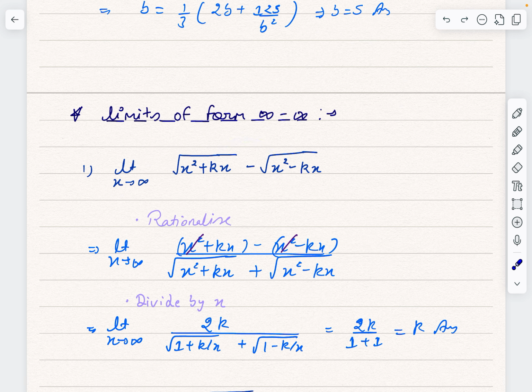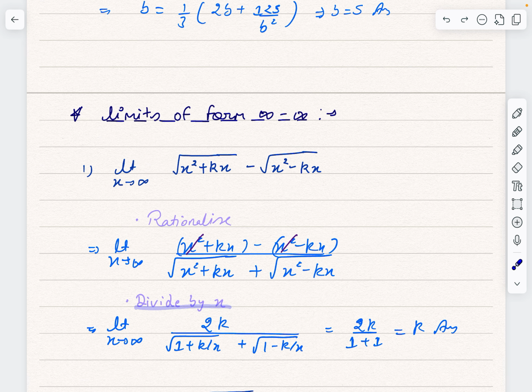We rationalize first. When you rationalize, in the numerator you get x square plus kx minus x square minus kx. In the denominator, you get root of x square plus kx plus root of x square minus kx. Now this x square gets cancelled out. You'll get 2kx here, no? Now it is infinity by infinity form, so the most dominating term here will be x.